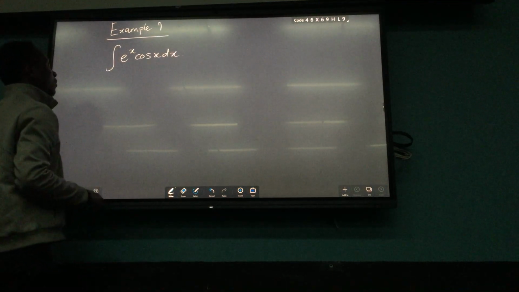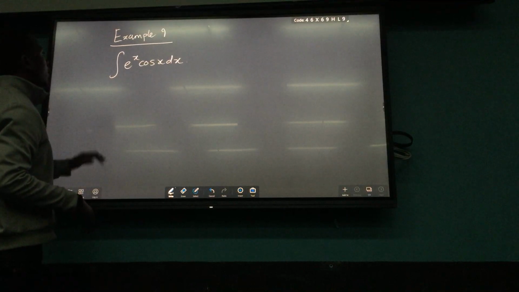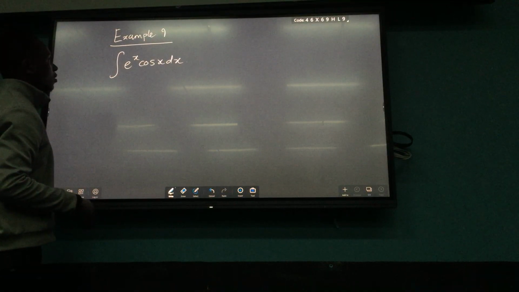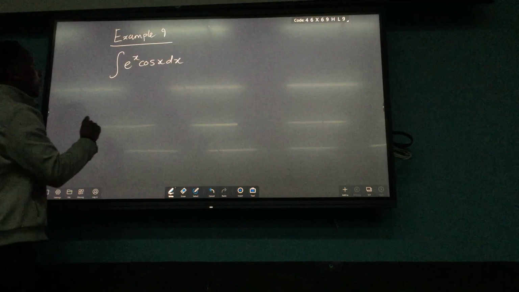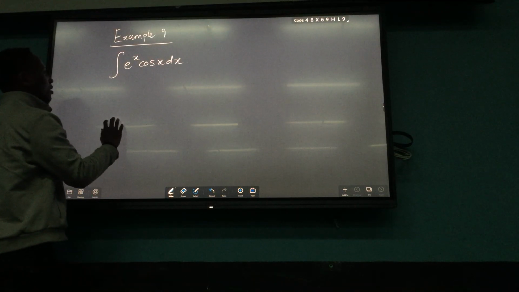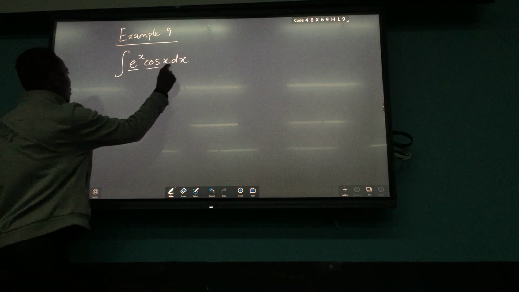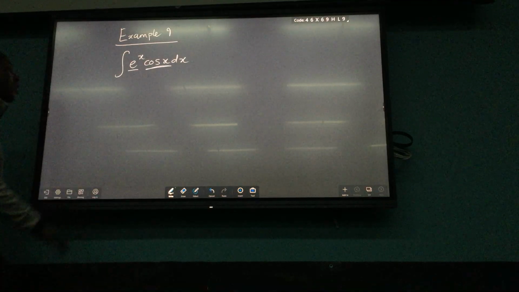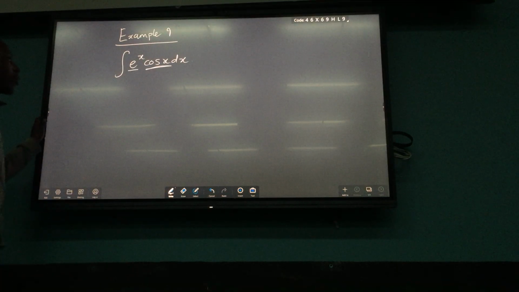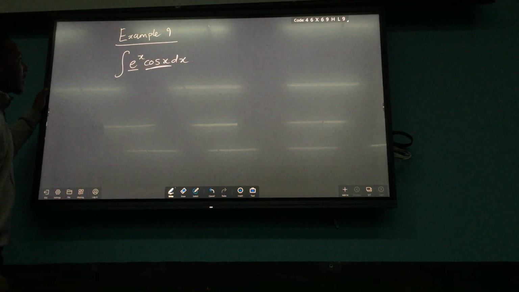Hi guys, I'm going to be looking at the integral of e to the x cos x dx. On this one, it's not really clear which one we should choose as our u. You can choose any in this case, because remember, when we started with integration by parts, we said that you need to look for a polynomial.